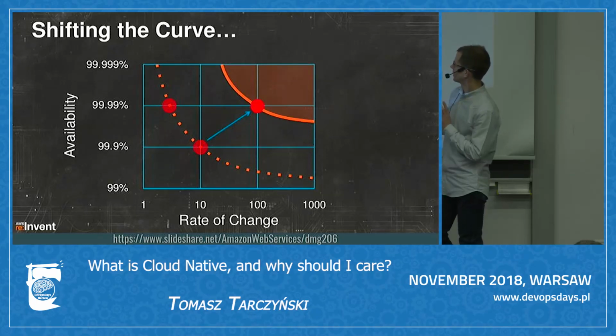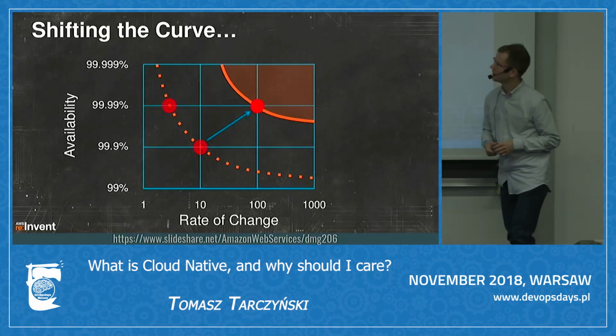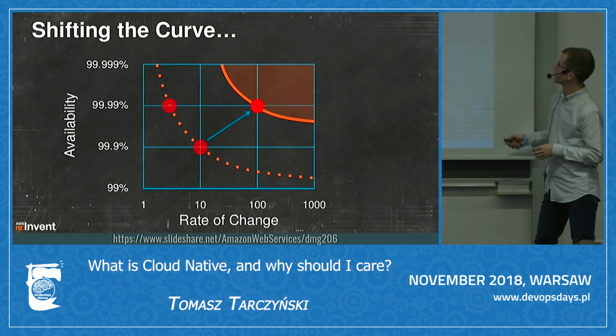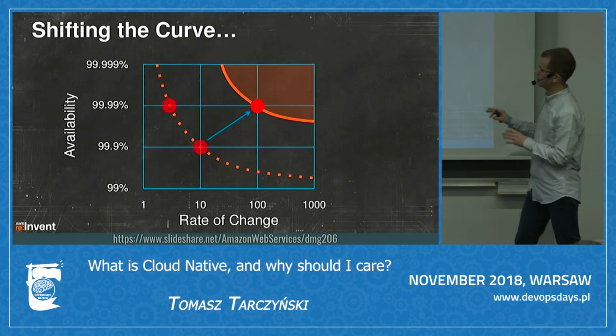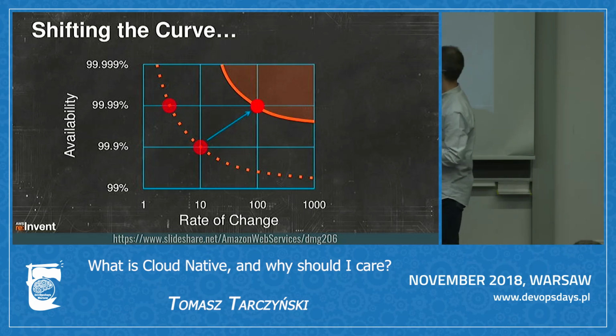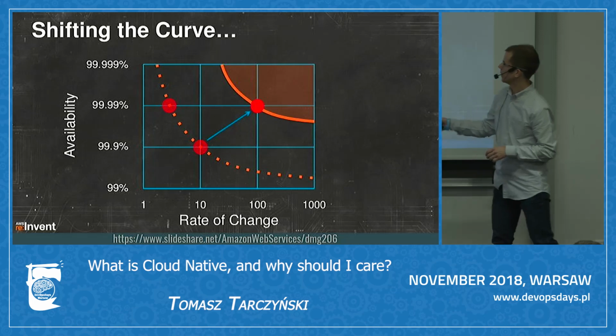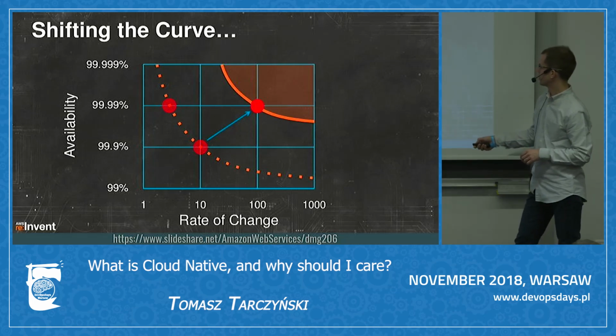And just one interesting graphic taken from a presentation by Netflix. It's how Netflix sees the relation between those two aspects. So we've got availability and the rate of change.